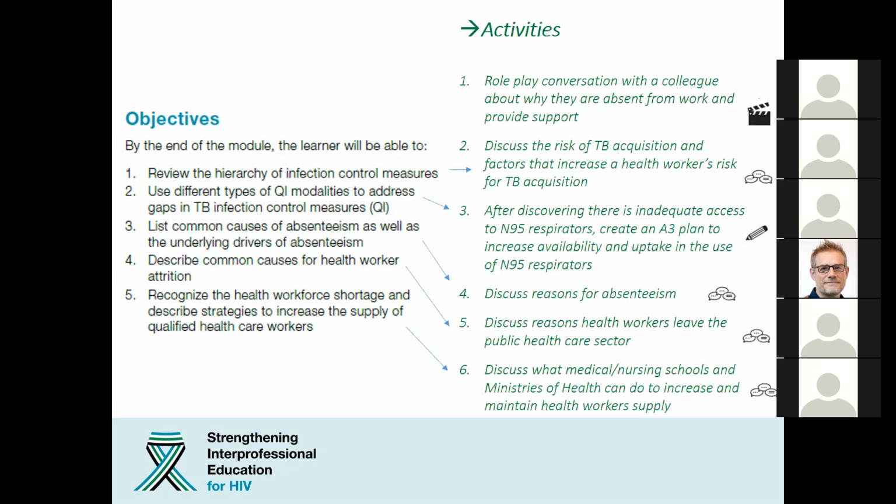And then the module pivots to talking about the TB infection control issues that need to be addressed to mitigate the risk of TB. And as any of you that are working in high TB, HIV prevalent settings know, there are a number of different interventions that can be employed: administrative interventions, environmental interventions, and personal protective equipment that learners can use.